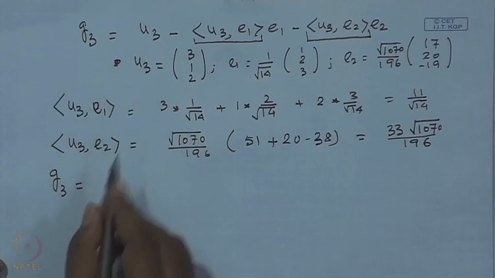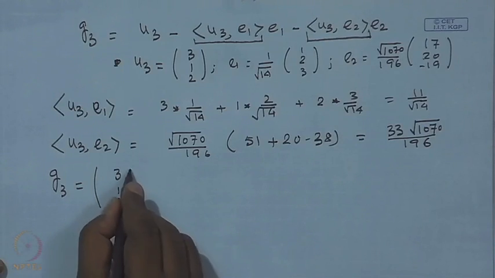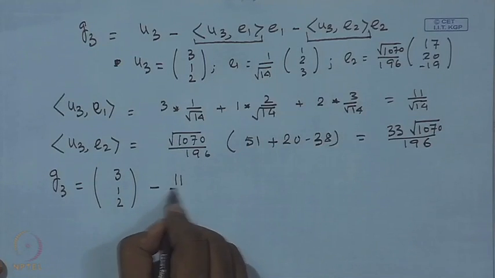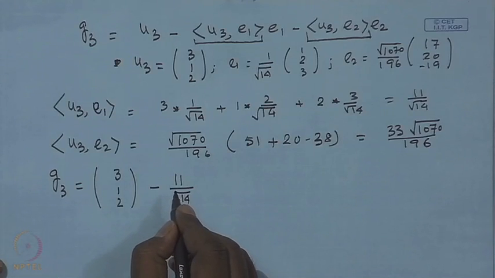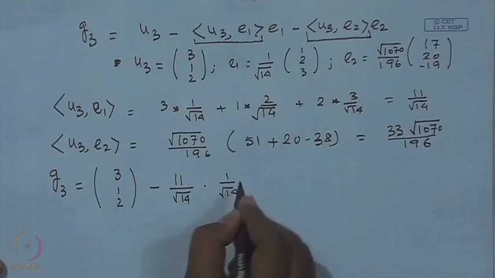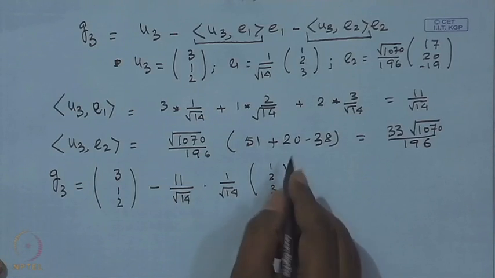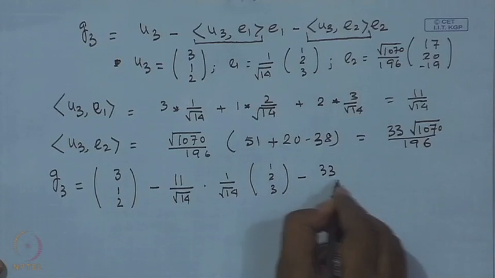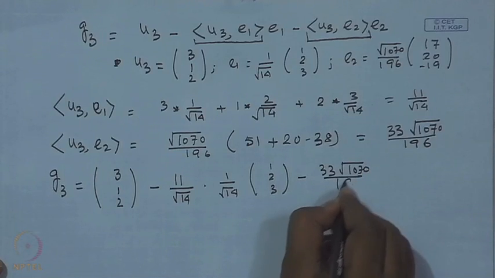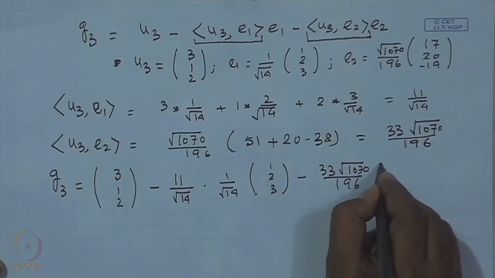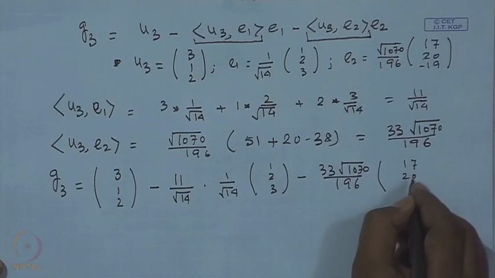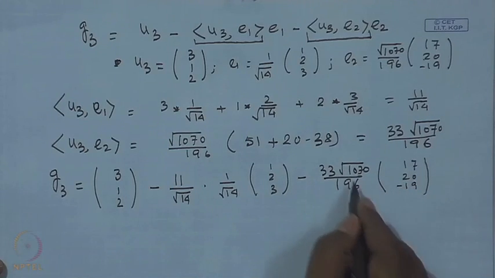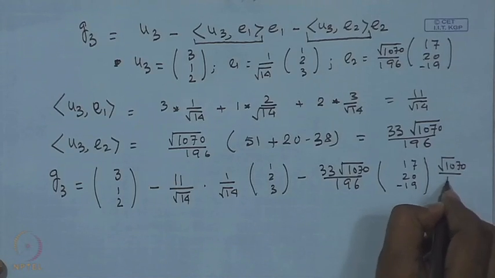So, we will be in a position to get G3 now more accurately. G3 will be U3, which is 3, 1, 2, minus the inner product between U3 and E1, 11 by root 14, multiplied by 1 over root 14, 1, 2 and 3, minus the inner product of U3 and E2, which is 33 root over 1070 divided by 196, and this one is 17, 20, minus 19, multiplied by root over 1070 divided by 196.